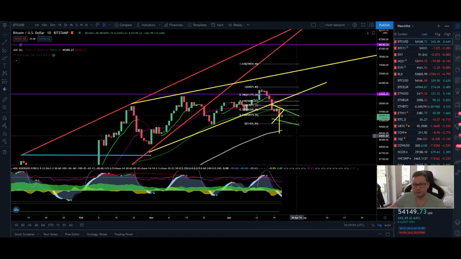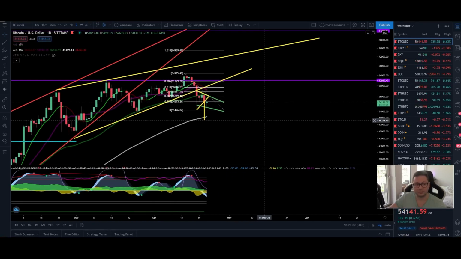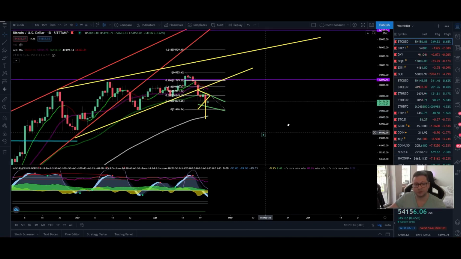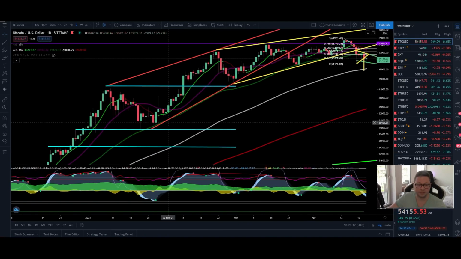So the good news here is that we potentially are going to have another retest of $60,000, but it really looks like this could be a local top for now, and we should be prepared to see more corrections, or at least some more sideways movements in the next coming weeks and months before we continue these parabolic moves like we have seen since 2020.